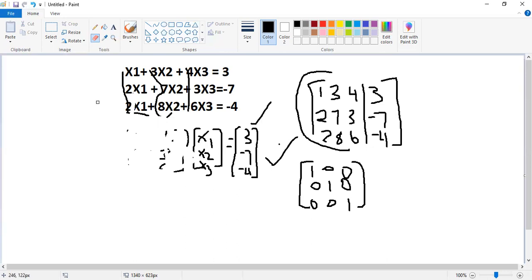So now I hope you've gotten this. So I'll move to a new sheet, and on the new sheet, I'll just go straight to this point. I'll not rewrite the equation. I hope you understand.